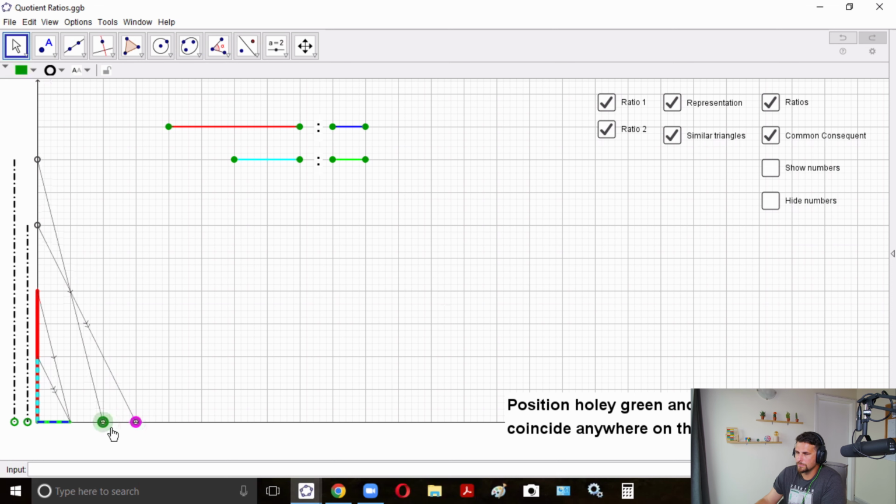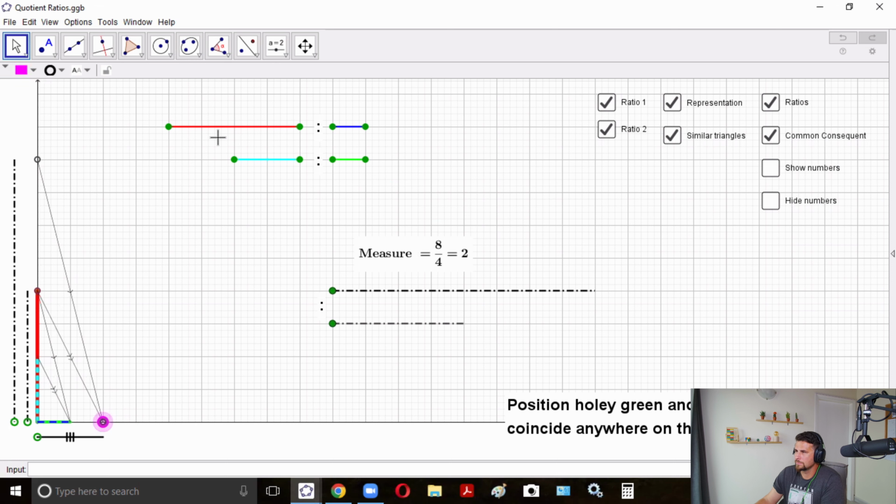In fact, let's move them over there. All right, so we can see that the quotient of these two ratios is the ratio of this long line to the short line. We don't care about the consequent anymore because they are expressed already in terms of the same consequent, which is this line down here, okay?